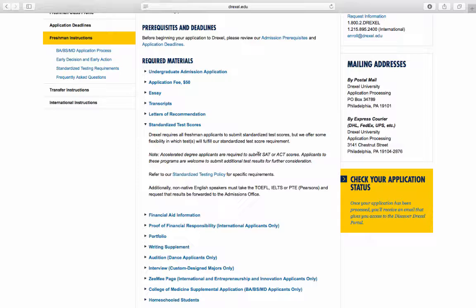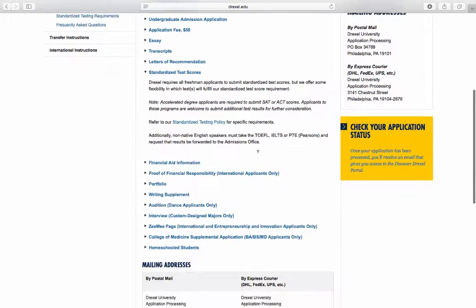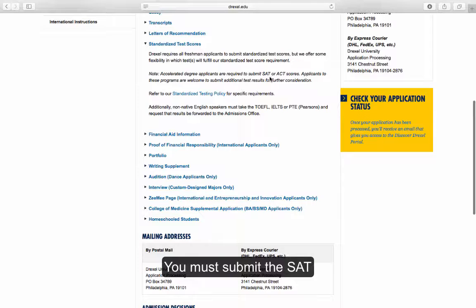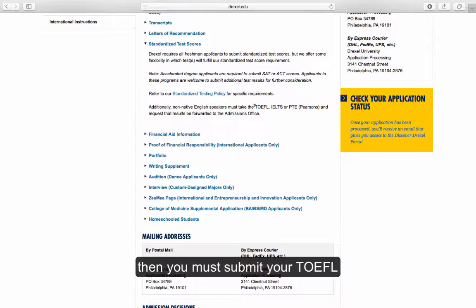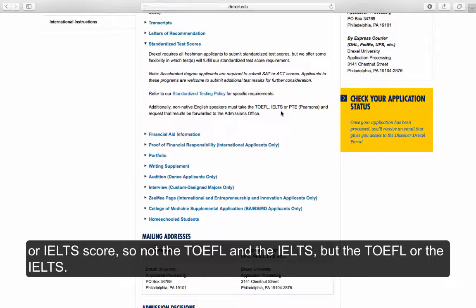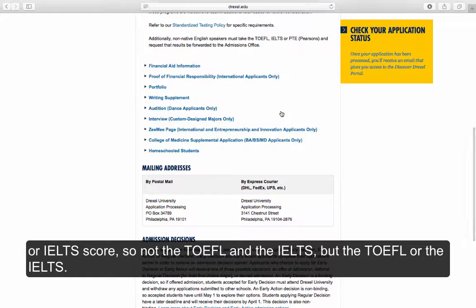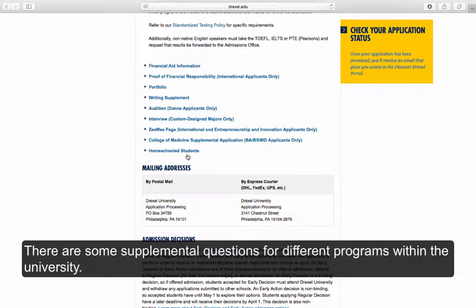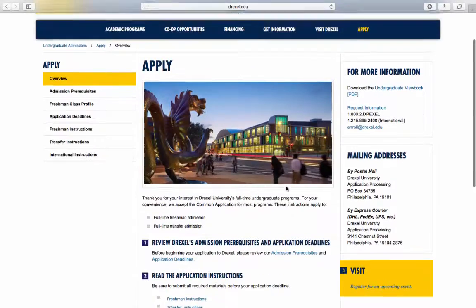For your standardized test scores, you must submit the SAT, and then you must submit your TOEFL or IELTS score. So not the TOEFL and the IELTS, but the TOEFL or the IELTS. And then there are some supplemental questions for different programs.